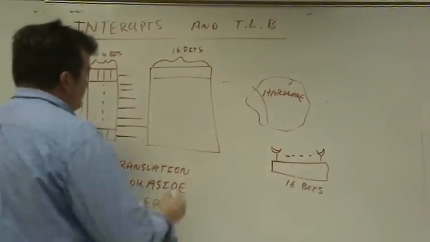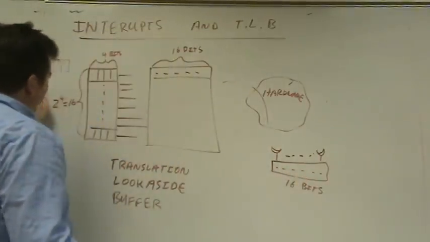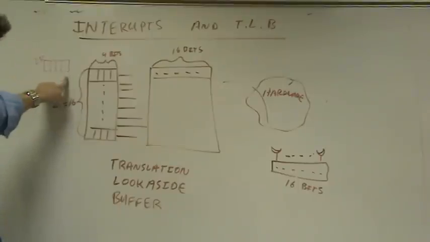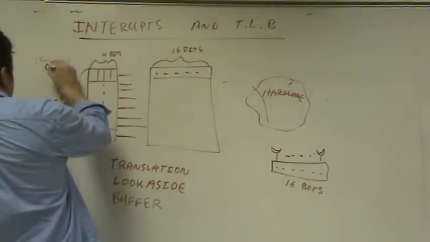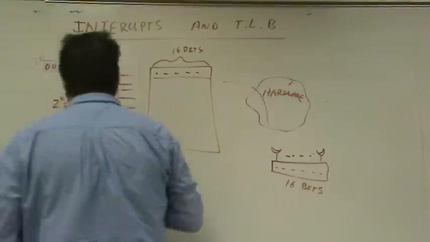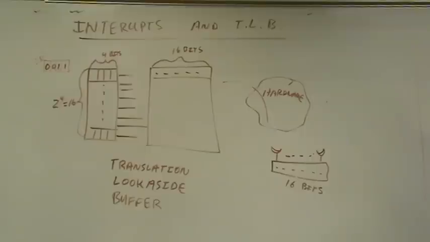So now what we have is whatever is here gets copied to here if that particular interrupt happens. So if interrupt 3 happens, if 0011 gets written to the interrupt register, that means problem 0011 has happened.